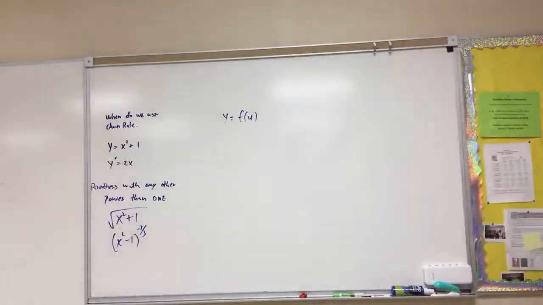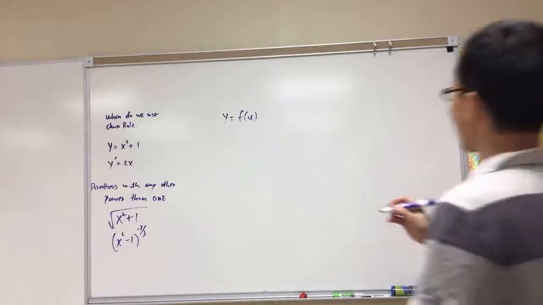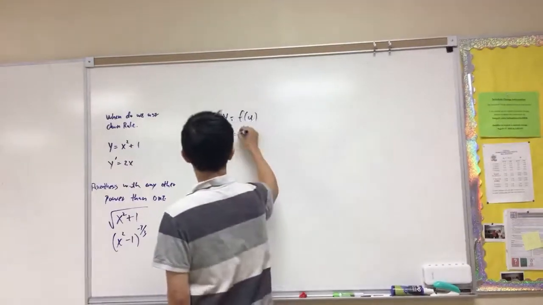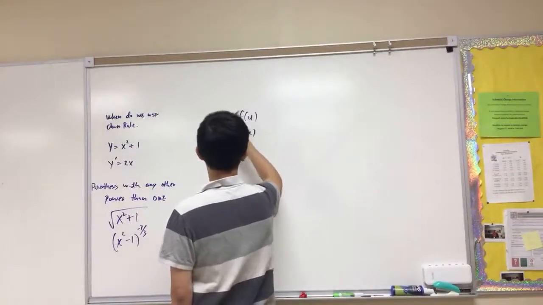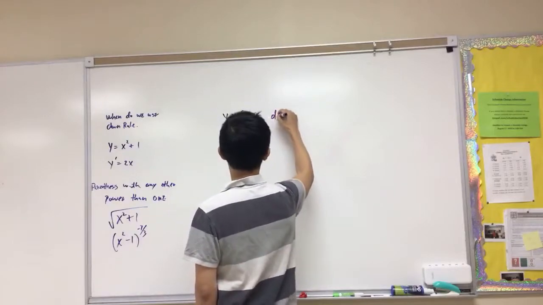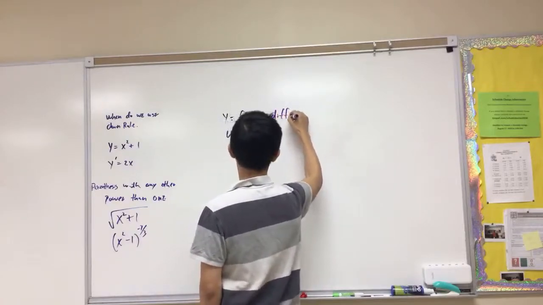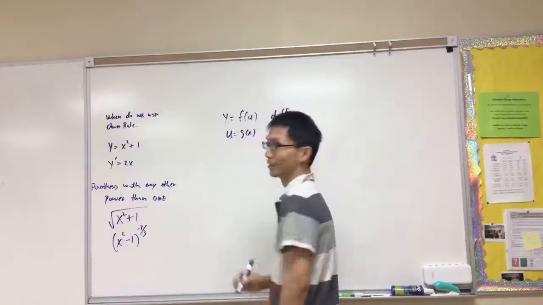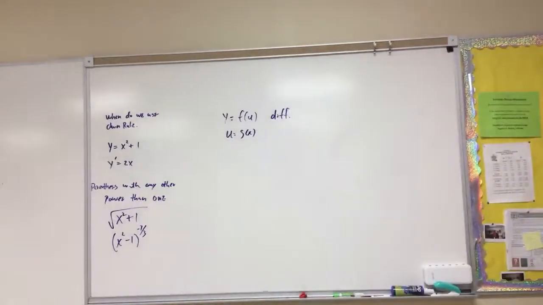So what we're gonna do is take a derivative of this, and we're gonna say u is equal to g of x. And we're gonna say y equals f of u is differentiable. Again, I don't know how to spell differentiable, so I'm gonna just put a dot. There you go, differentiable. Okay, so we're gonna give you a formal definition.